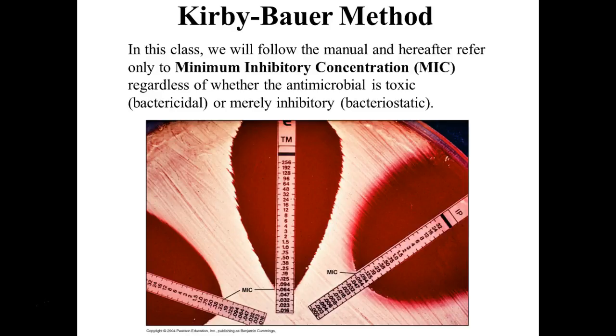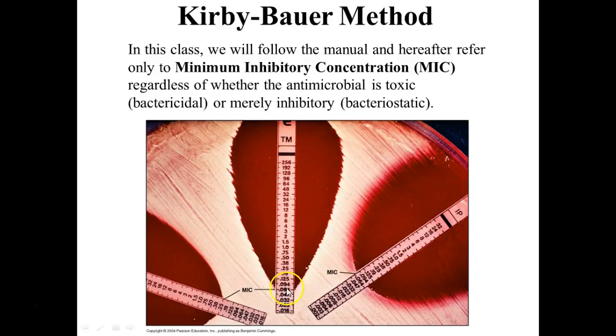So this is just a little bit different test than what we had. This is using strips, and the strips contain a concentration gradient that's measured out. So this is how much antibiotic is at this point of the strip. 256, whatever their measurement is, micrograms or something.